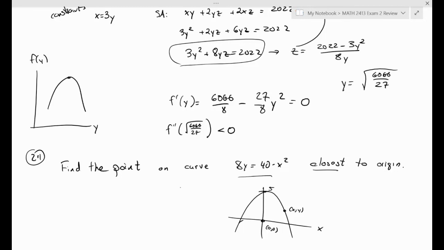A point on the curve, which we don't know right now, so we just use x and y. And the origin, which is just 0, 0. So the distance formula, and I would just use distance squared. If you minimize distance squared, you've minimized distance. The x squared plus y squared, right? So we would make that our function of 2 variables.